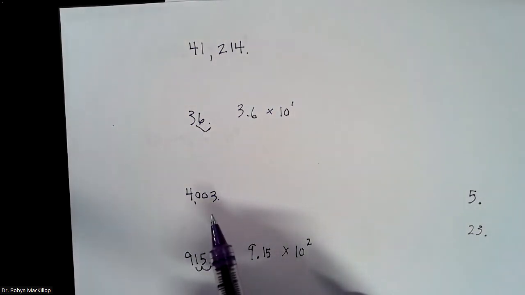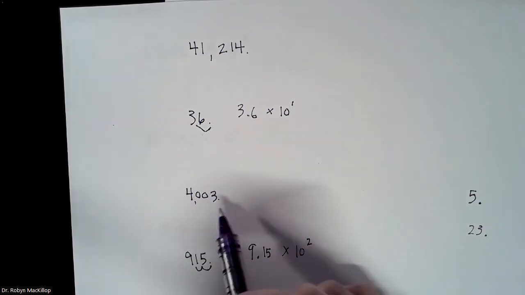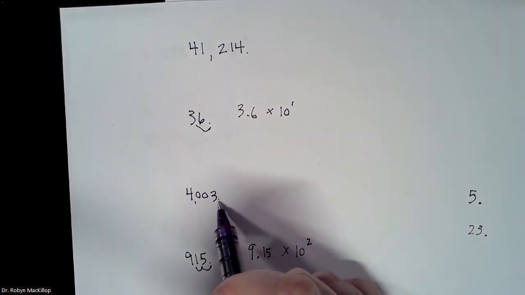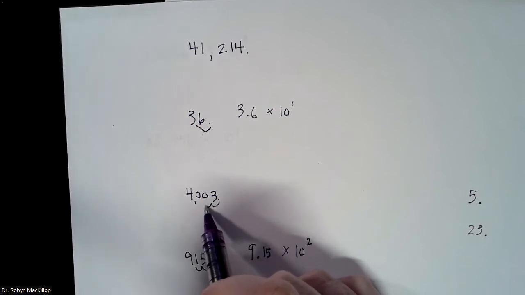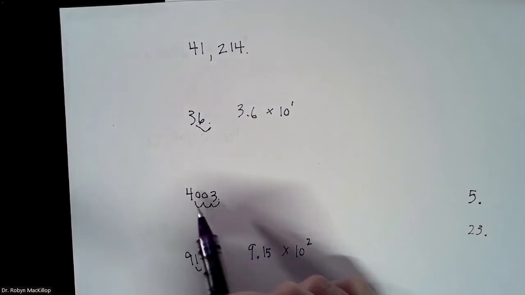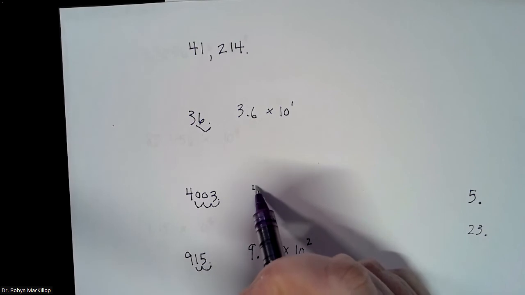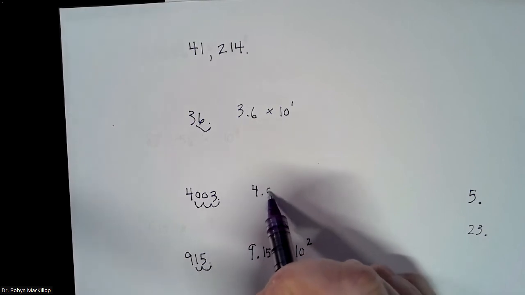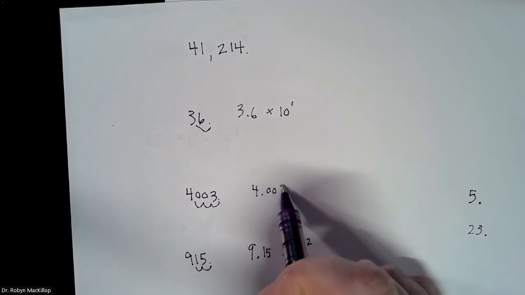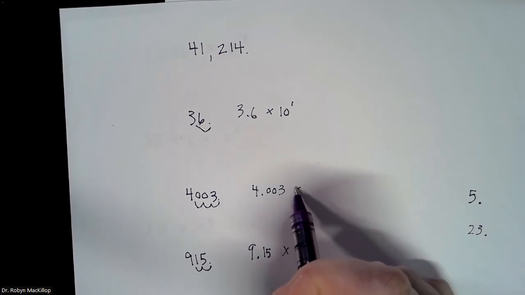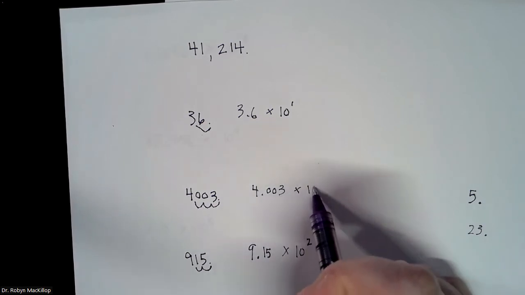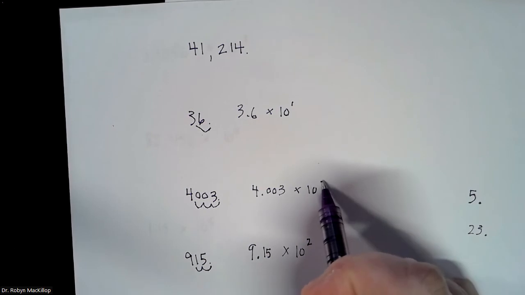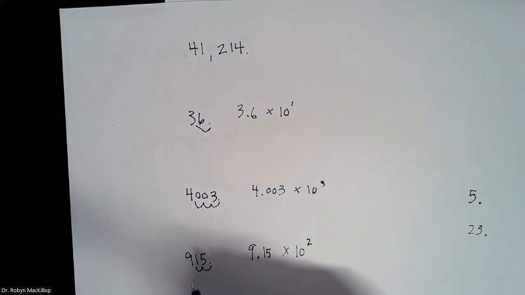Let's try 4,003. Again, we want that decimal with only a single whole number. 1, 2, 3. So that's going to be 4.003 times 10 to however many spaces we moved. 3 spaces.